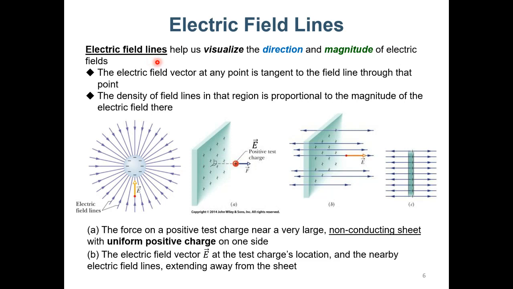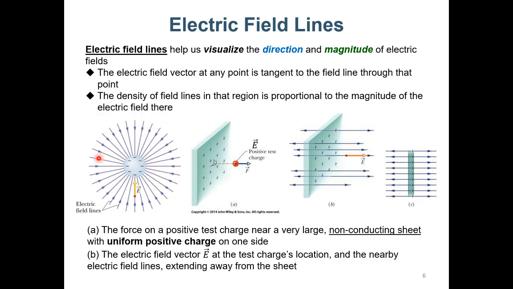Yeah, this is a concept to know: the E field lines. E field lines help us to visualize the direction and magnitude of the E field. It is not really precise for knowing how large an E field is, but it visually helps us.